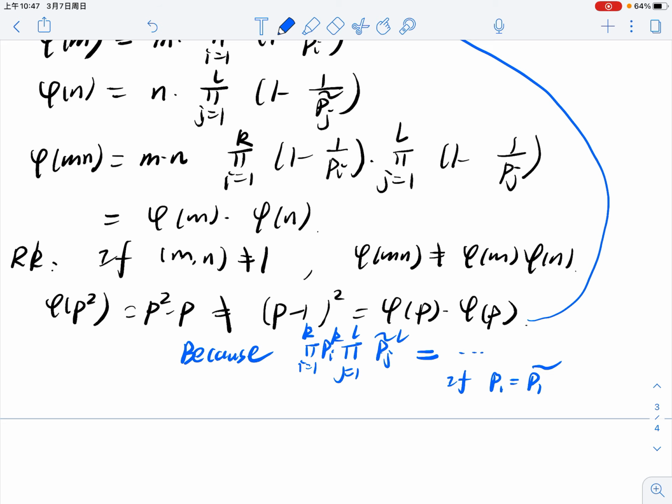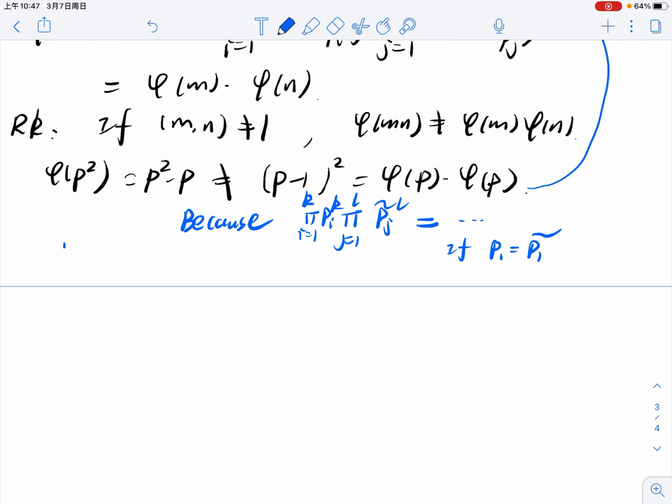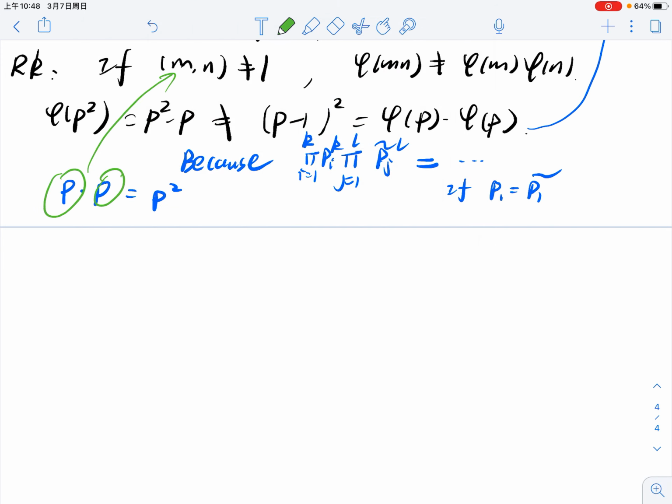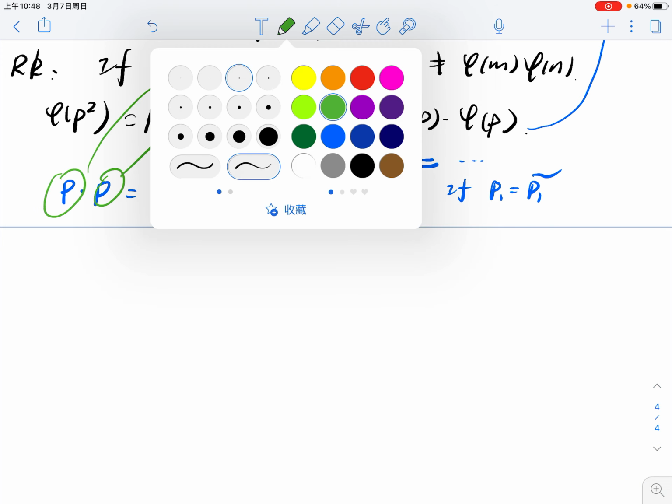So in this case, actually we have p times p, and then it's p squared. This p just comes from m, and this p comes from n.